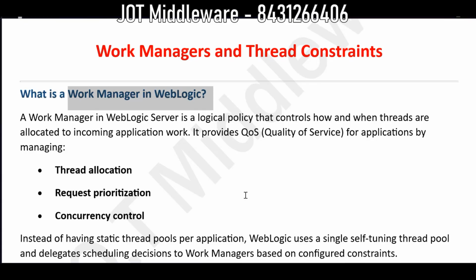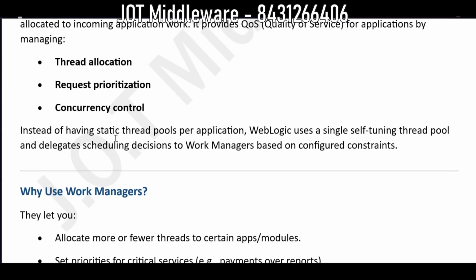In the same way, a work manager in WebLogic is a policy that controls how and when the threads are allocated to incoming application work, based on some rules that you create. It provides a quality of service for applications. So instead of having static thread pools per application, WebLogic uses a single self-tuning thread pool, and here it delegates scheduling decisions to work managers. Why?